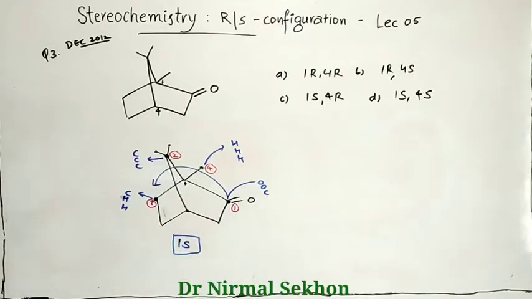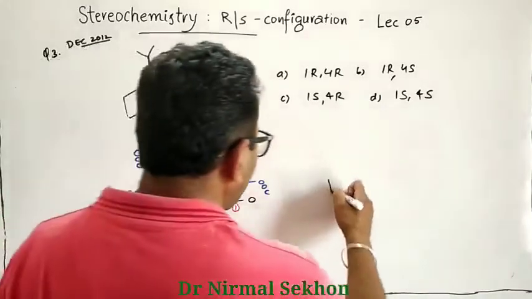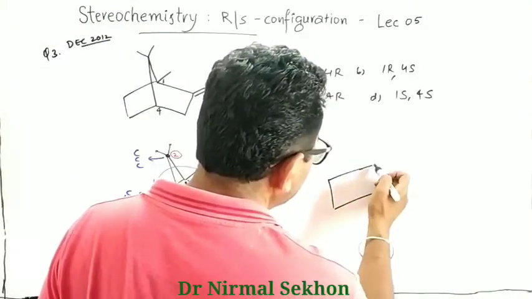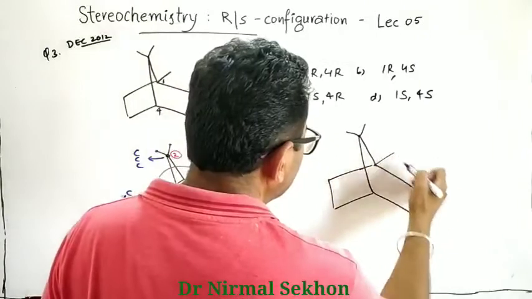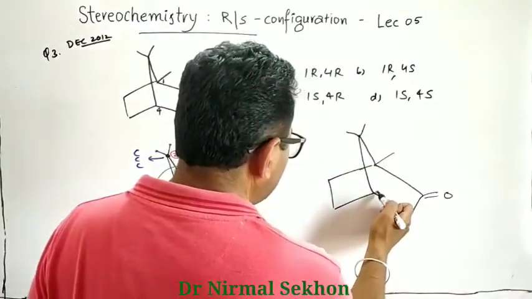Similarly, when you do it for number 4, again draw the structure. So this is your structure, here is O. Now this is number 4.